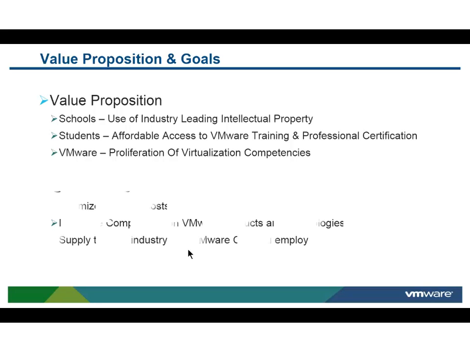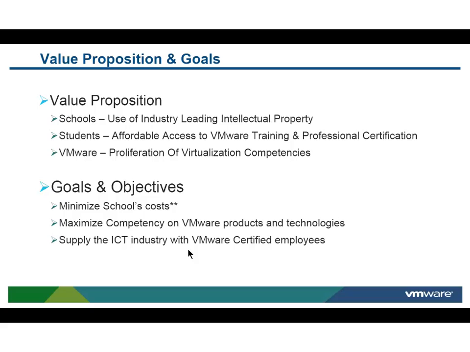Now, the goals and objectives. One of the key ones is to minimize the cost to the school. And I think we've done that as well as we can, because VMware charges the school nothing. Zero. Zip. Nada. To participate in the program.